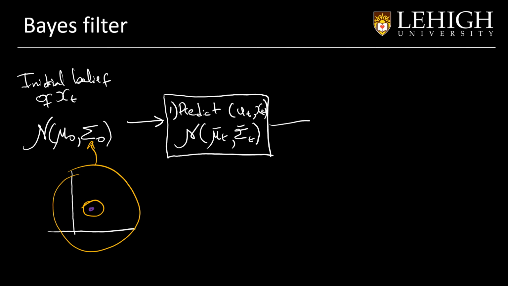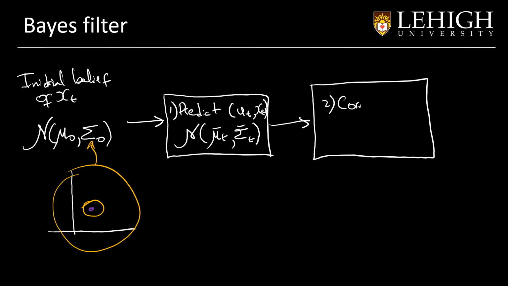Our next step is the correction. We walk some steps and now we need to correct them. We correct them based on the measurement that we obtain.